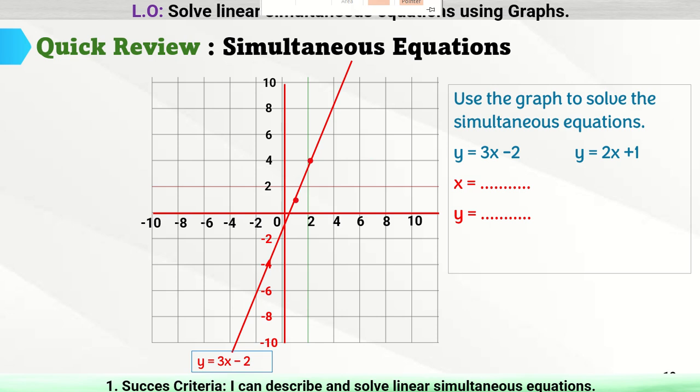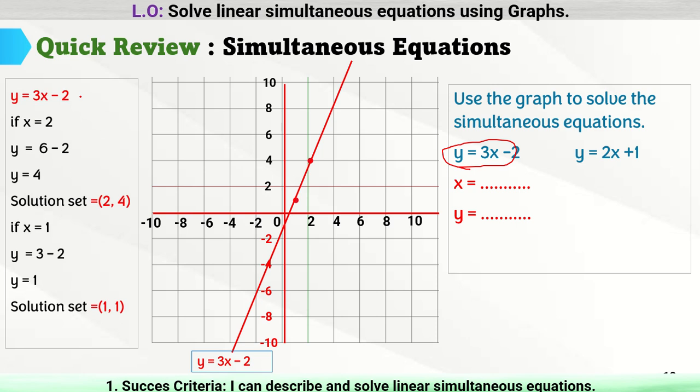Now I have shown you a line which represents this equation. How did I get this? The method is the previous one which we already have discussed. So this is my equation. First I put x equals 2, which means 3 times 2 is 6, minus 2, 6 minus 2 equals 4.